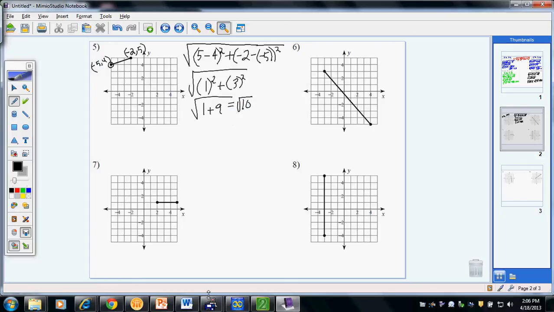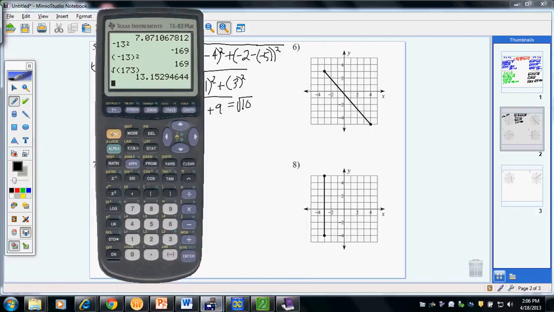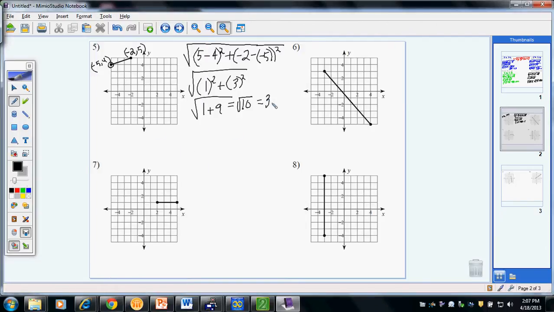Okay, and so we come back here again to the calculator, and we see that the square root of 10 is 3.16. So we'll say 3.2, round it up.